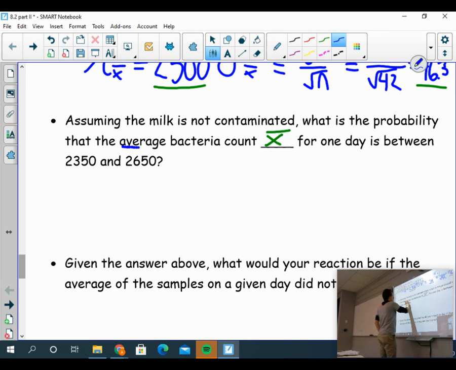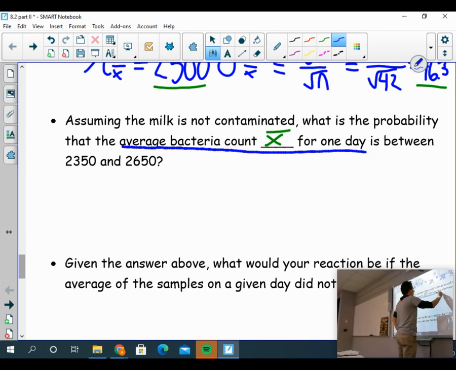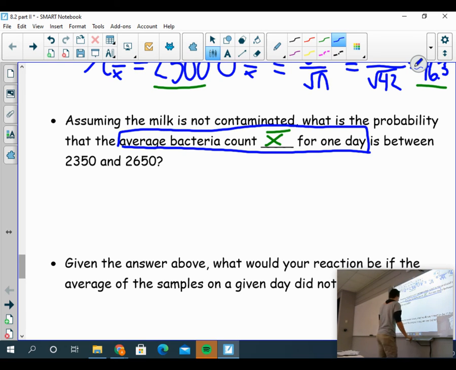Here I see they're talking about the average bacteria count for one day, not a single bacteria count. Since we're looking at the average of 42 samples in one day, we're going to be working with the x bar distribution. The good news is we know the x bar distribution is normal because of the central limit theorem.